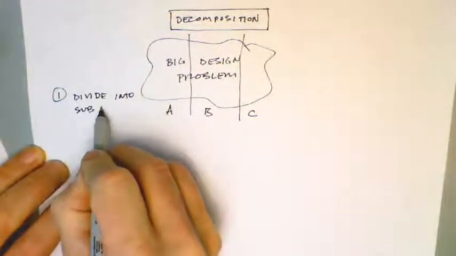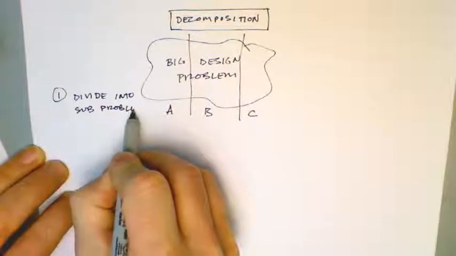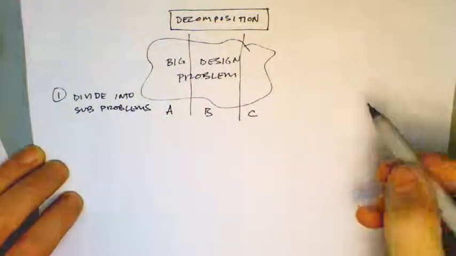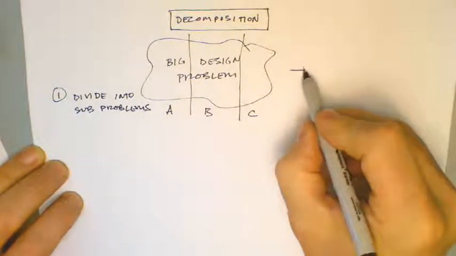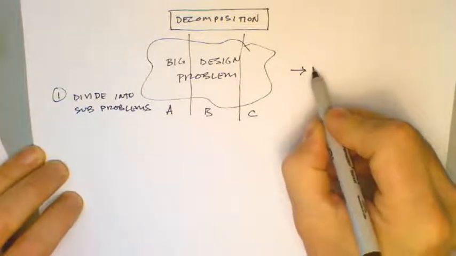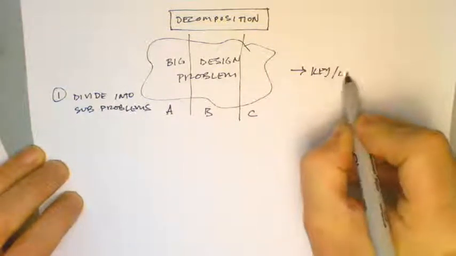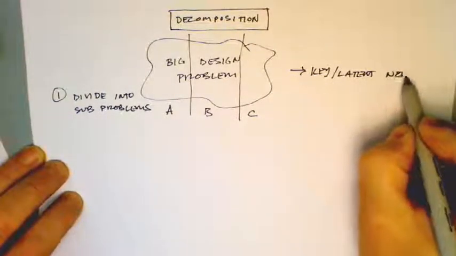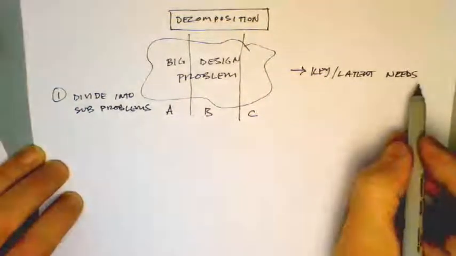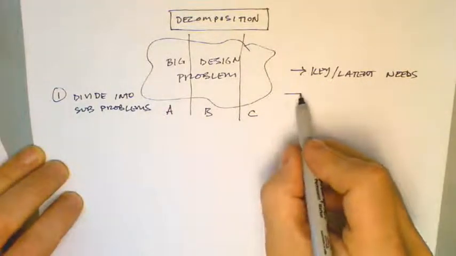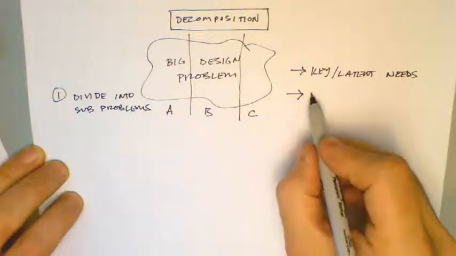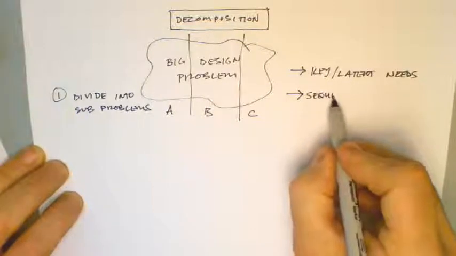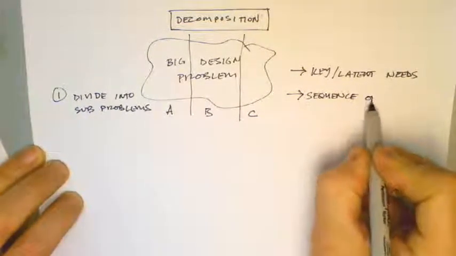And there are many ways to do that. In fact, I'm going to tell you about three eventually. You can do it by key or latent needs. That is, you can consider the key or latent needs that are part of the overall design problem. You can decompose by sequence of user actions.